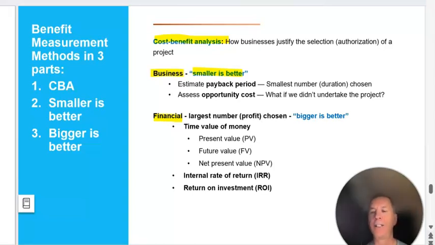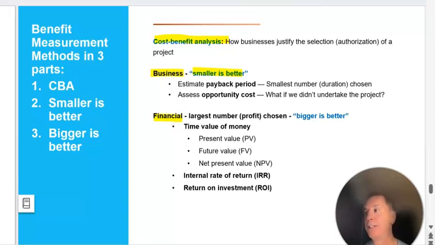Also, there are financial benefits or financial value in this benefits measurement approach. And instead of smaller is better, like the business value, in financial terms, bigger is always better. And so we can talk in terms of the time value of money. Money has a present value today. But if I do nothing with my money, except put it under my mattress, it'll never grow in interest.